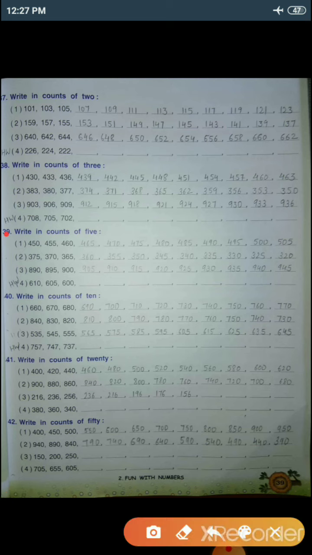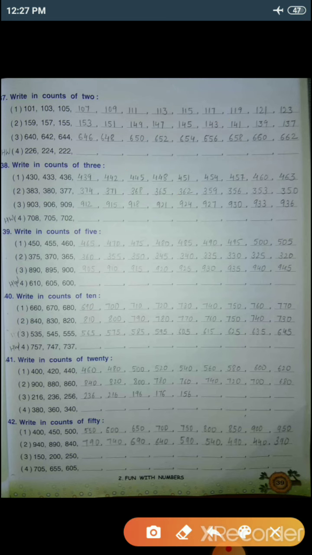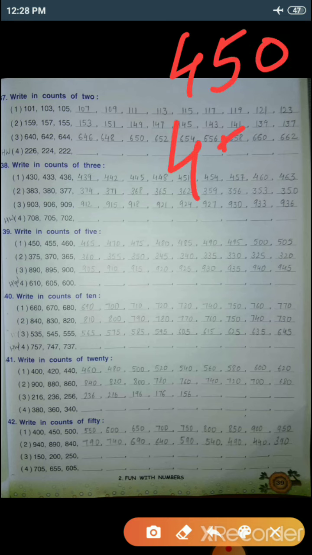Now question number 39, write in counts of 5. So same, these two sums we had already solved, but here we are going to solve by adding 5 and by subtracting 5. So let's start. First one is 450, then 455, then 460.